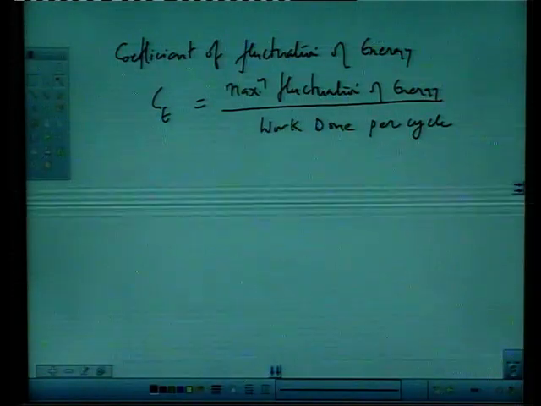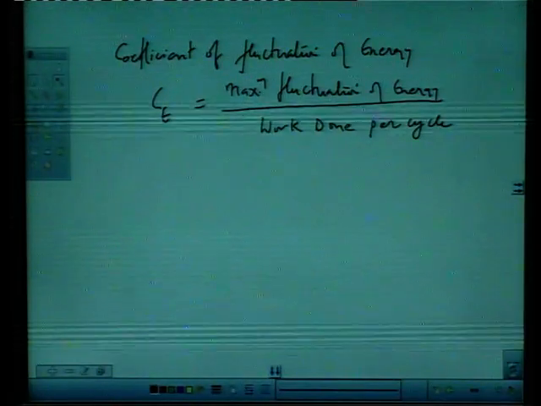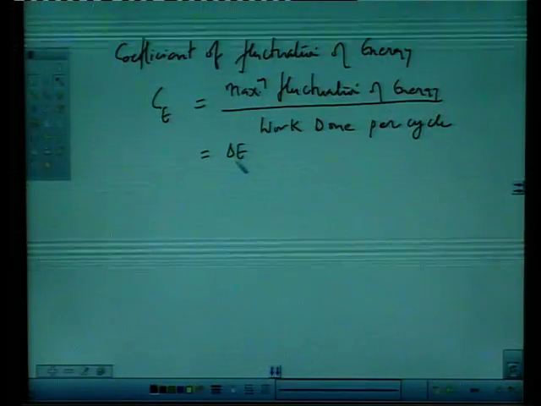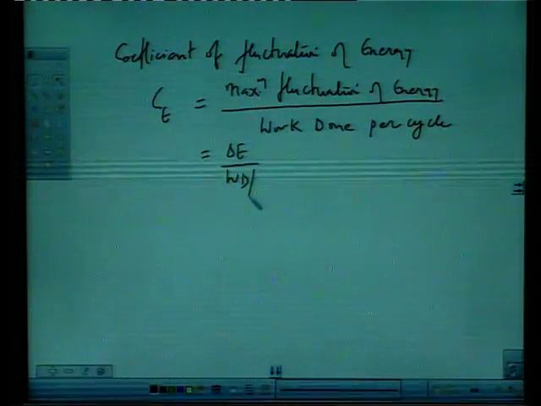Now, for any machine, work done per cycle is known to you, and if coefficient of fluctuation of energy is known, you can find the maximum fluctuation of energy, that is delta E, or we can write it as work done per cycle.